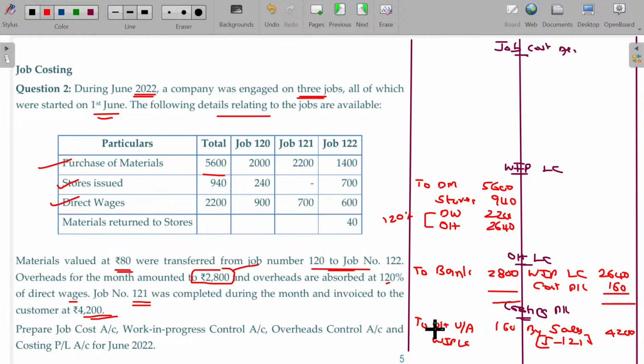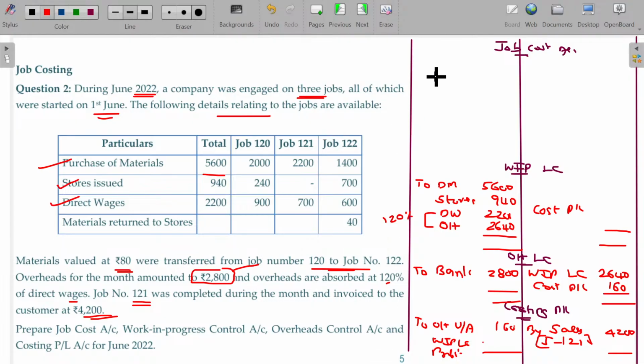See, in a manufacturing account, you debit all the expenses, and once the goods are completed, you transfer from the manufacturing account to the trading account. The same happens when the job is completed, then it will be transferred to the costing P&L account. And finally, you will get the profit here. I need to know the cost of this particular job completed.